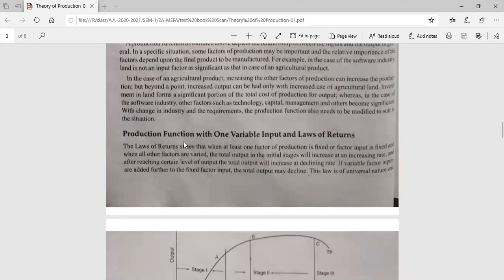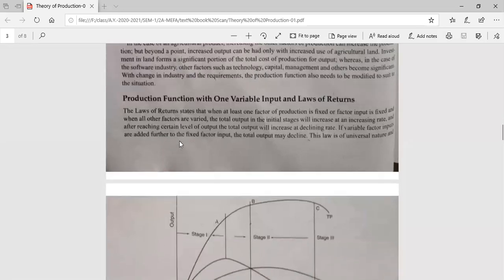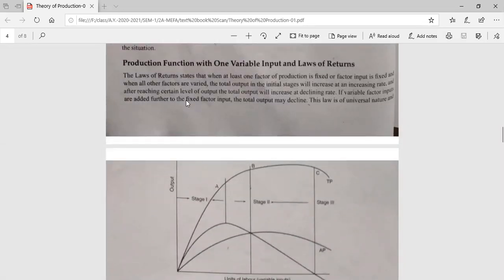So we are seeing the production function with one variable input, and we are observing the returns, that means the output.